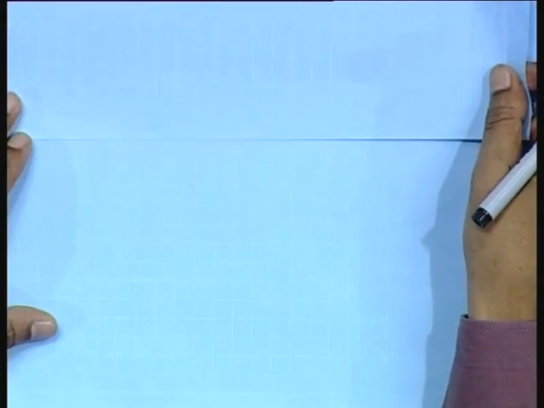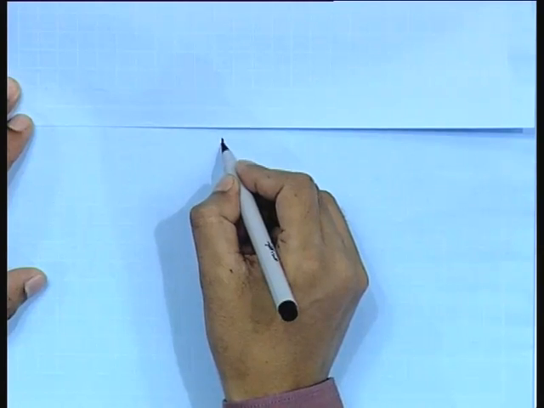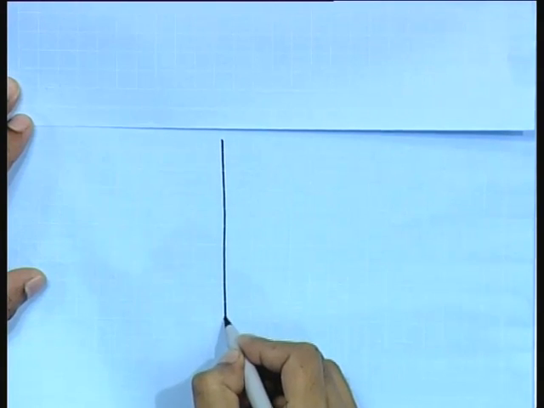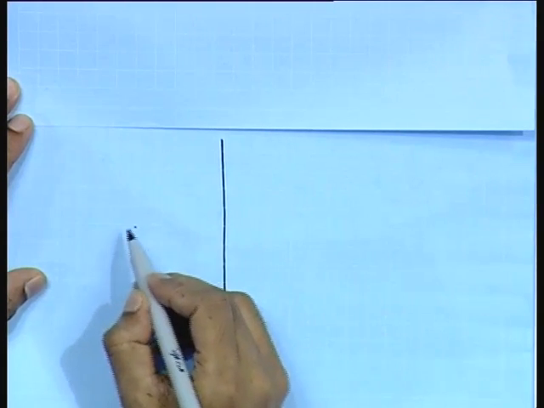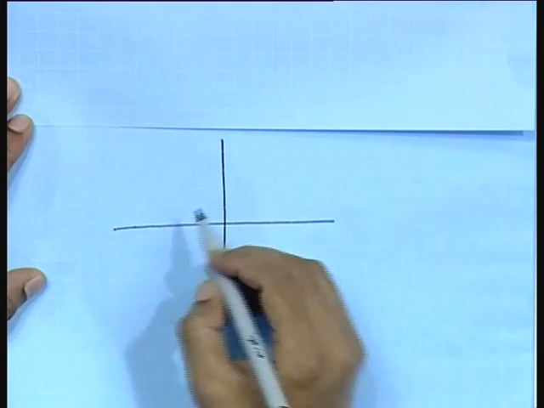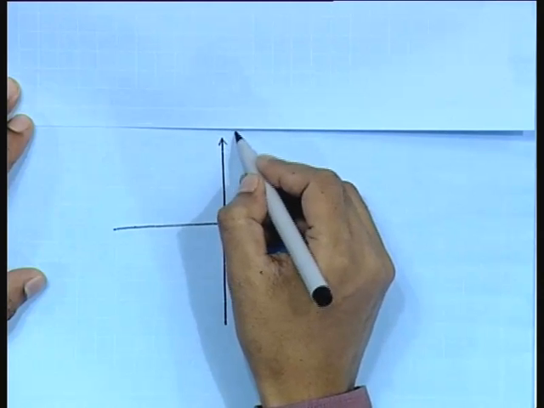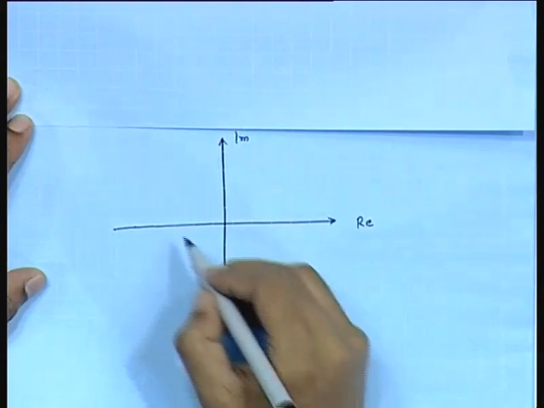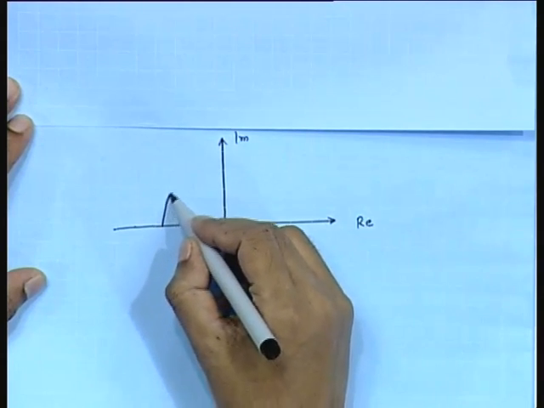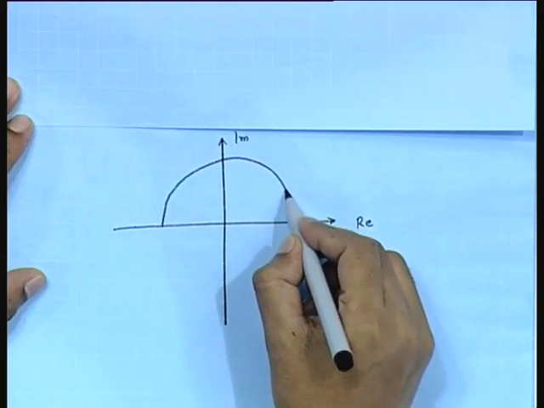So, if we consider this point, I mean omega equals 0, what will be the polar plot? This is real axis, this is imaginary axis. So, first we will draw the unit circle.